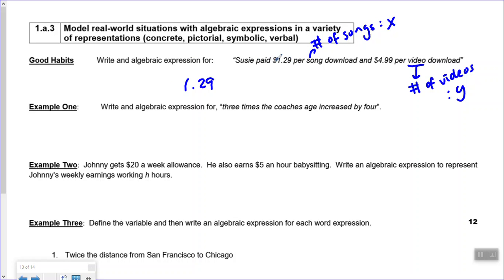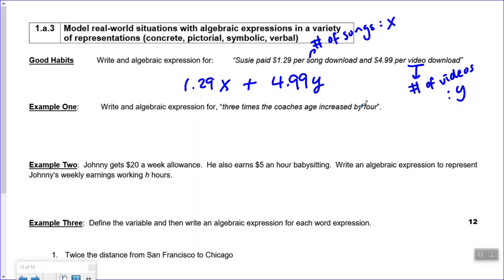By 3, 4. So you are going to multiply these two. And then for the video, each video is $4.99. And how many videos? y number of videos. So $4.99 times y.